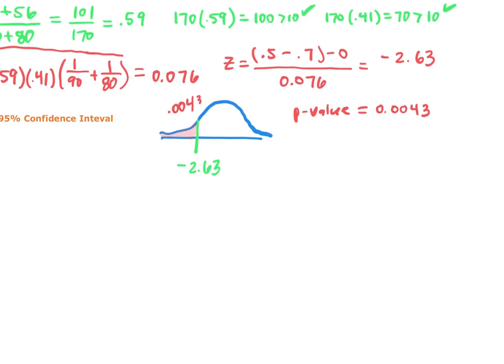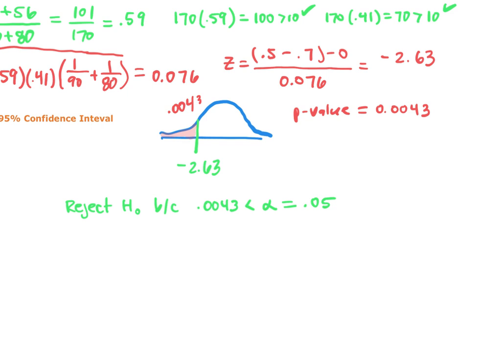All right, so the conclusion for step 4 would be that we are going to reject the null hypothesis, and that is because our p-value of 0.0043 is less than the significance level of 0.05.